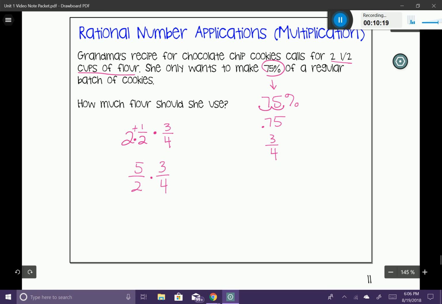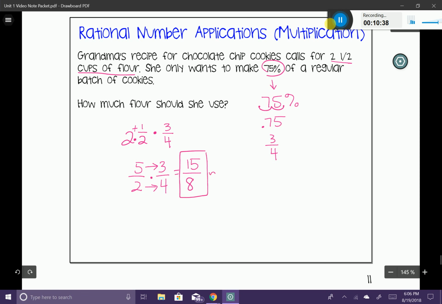And multiplication is my favorite because we're just going to multiply straight across. 5 times 3 in the numerator is going to leave us with 15. And 2 times 4 in the denominator is going to leave me with 8. All right, 15 over 8 is simplified fully. So this is going to be our final fraction.